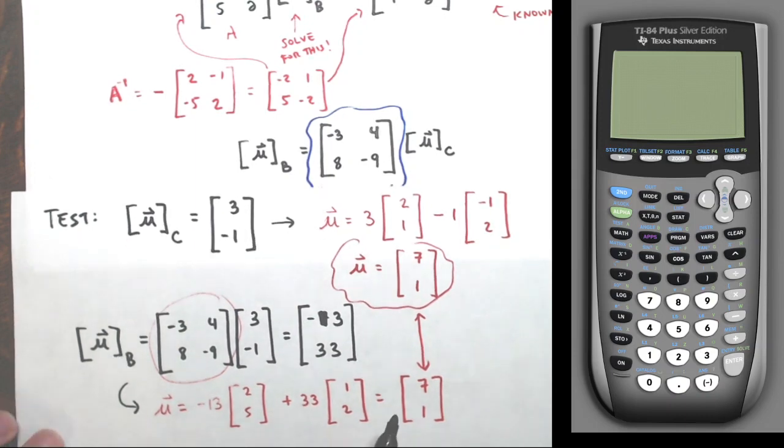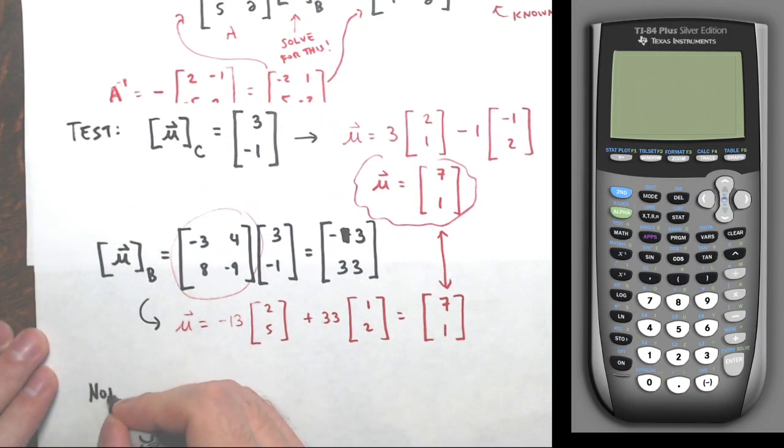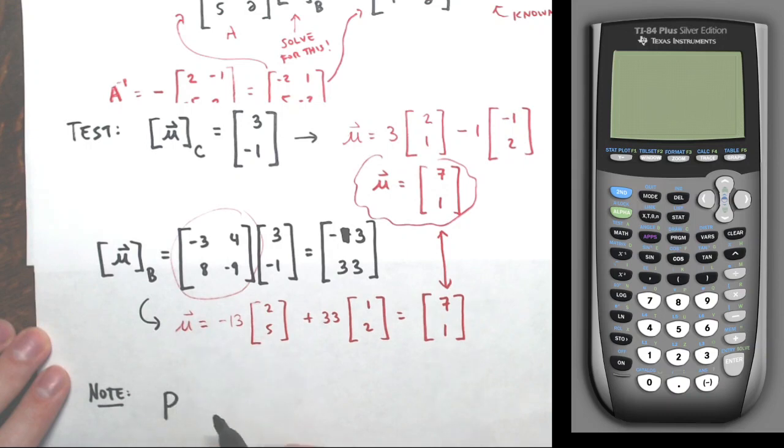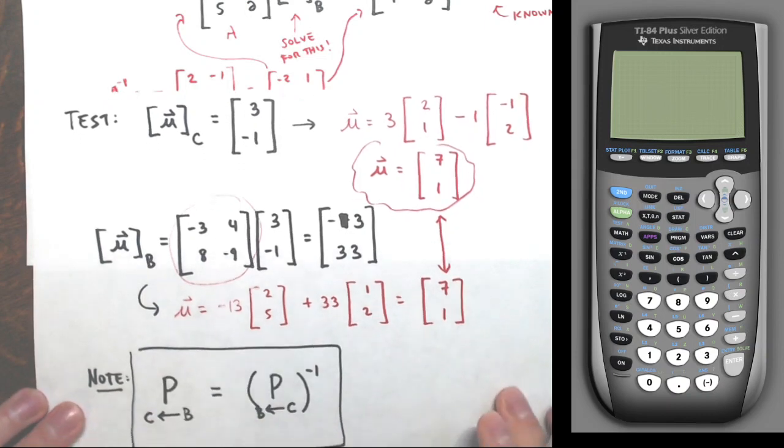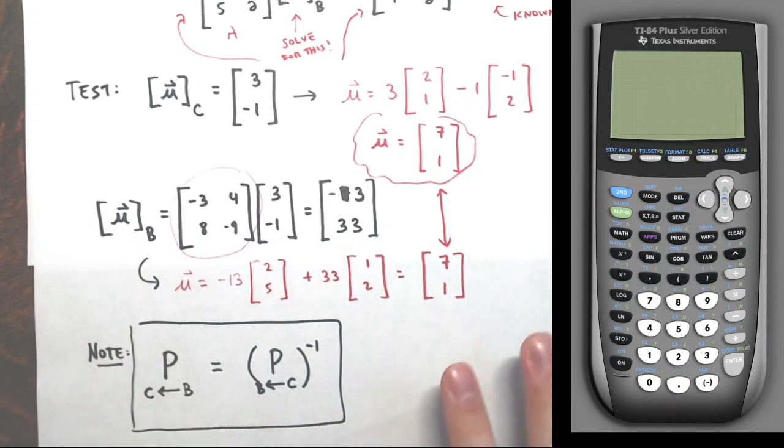And as I mentioned earlier, a nice note here: the transition matrix from B to C should just be the inverse of the transition matrix from C to B. Because just look at that thing I had earlier.